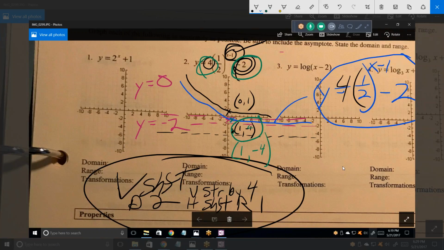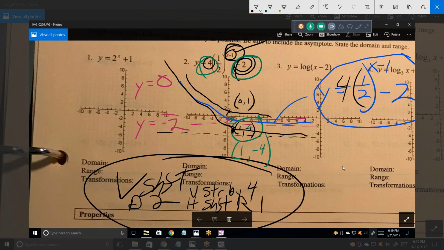Because if I go through this point, which is 1 comma minus 4, I better have a horizontal asymptote that's below that, right? Because otherwise it doesn't make any sense. You would not be able to have a horizontal asymptote at y equals minus 4, because this point is at y equals minus 4. And the graph never touches the horizontal asymptote. Very big deal. You cannot touch the horizontal asymptote.